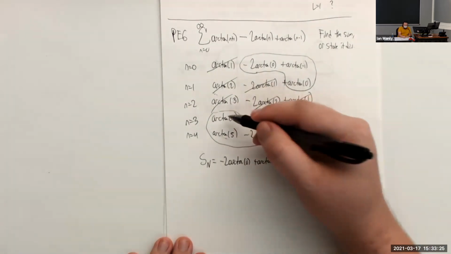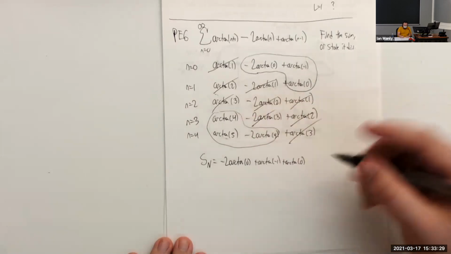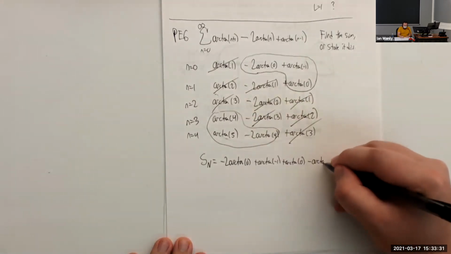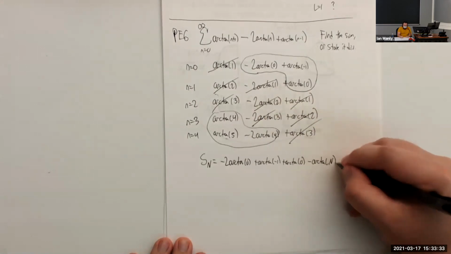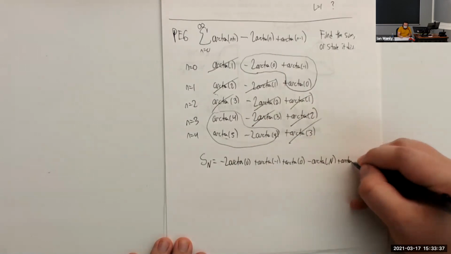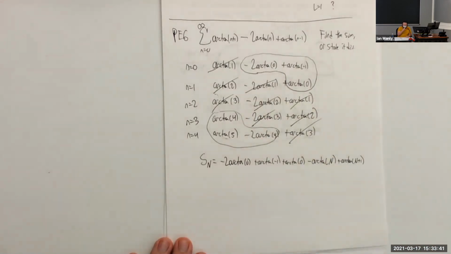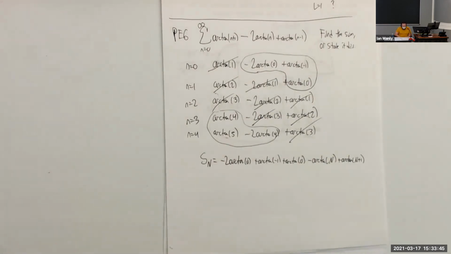These we can combine into a single negative arctan of 4. So it looks like we have minus arctan of the current number, which was 4, and then we added in an arctan of the next larger number, which is going to be 5 here. All right, so this is our formula for partial sums right here.